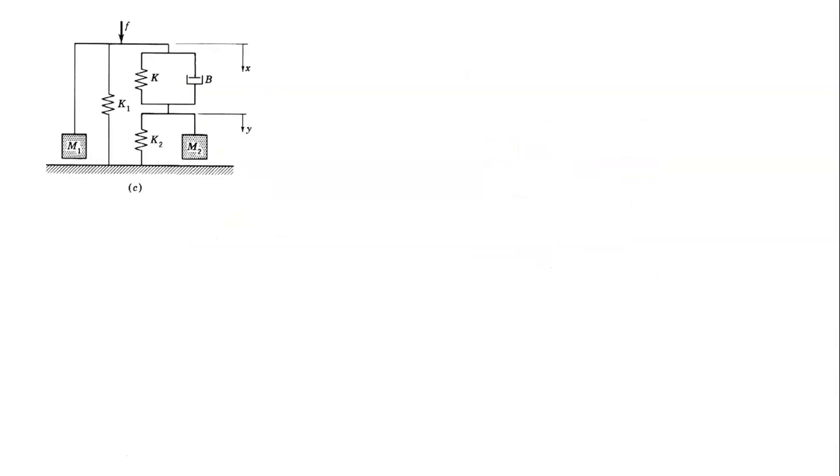Now, again the same diagram is here. Mass M1 and spring K1 are in series, K and B are in series, and K2 and M2 are in series, and these three branches are in parallel.